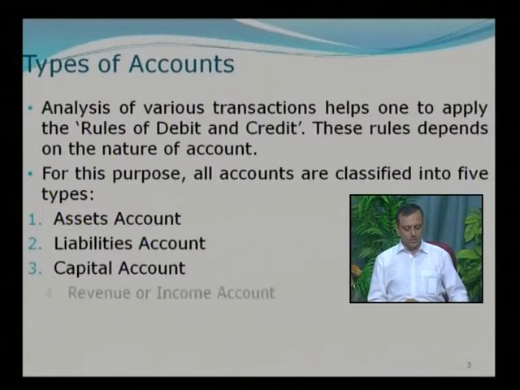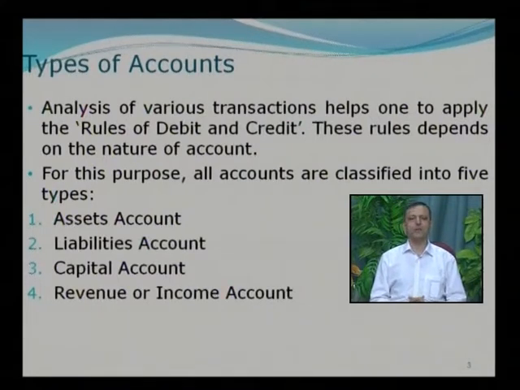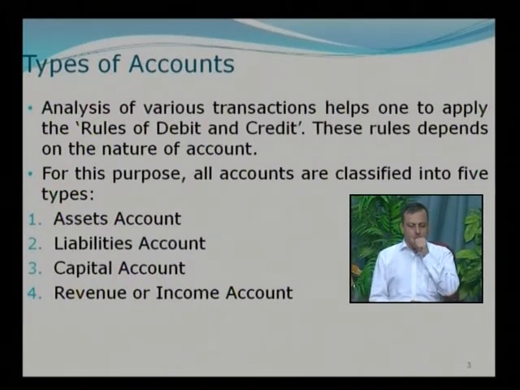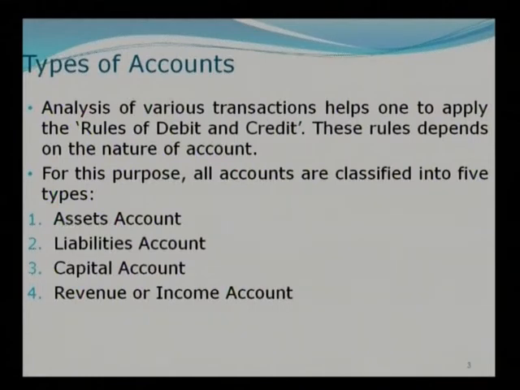The fourth type of the account that we are now going to discuss is revenue or income account. Friends, as I told you, in business enterprise, your objective is to make profit. And for the purpose of making profit, you have started your enterprise. It could be a manufacturing entity where you manufacture certain goods to sell them out to somebody.